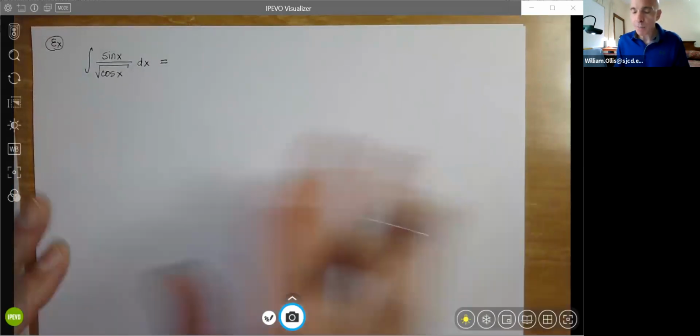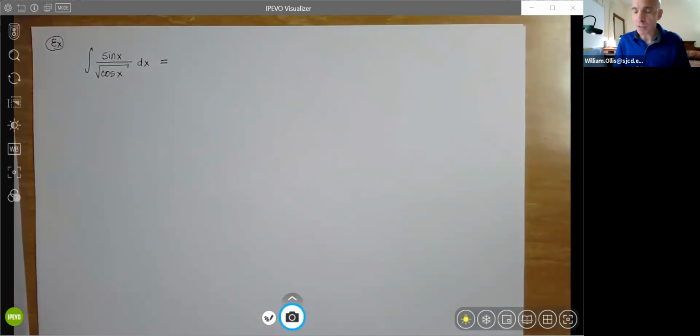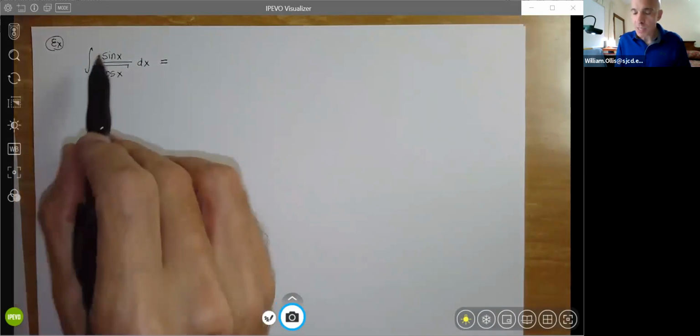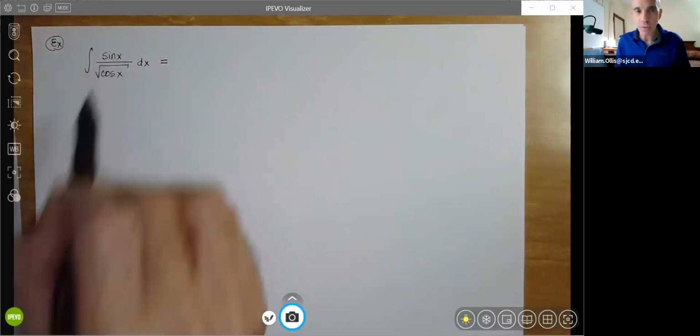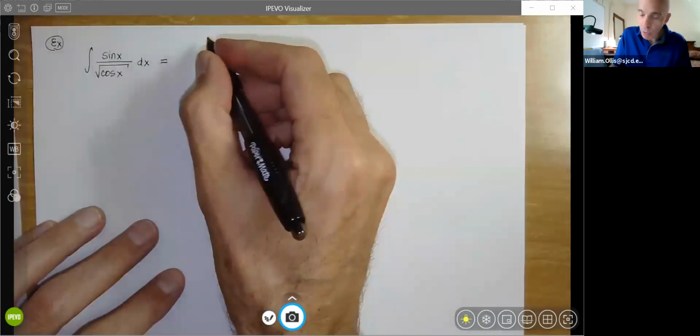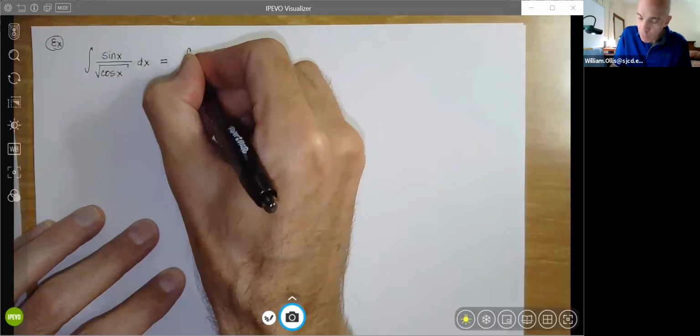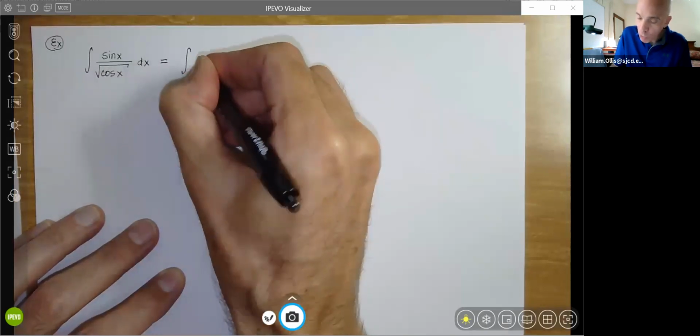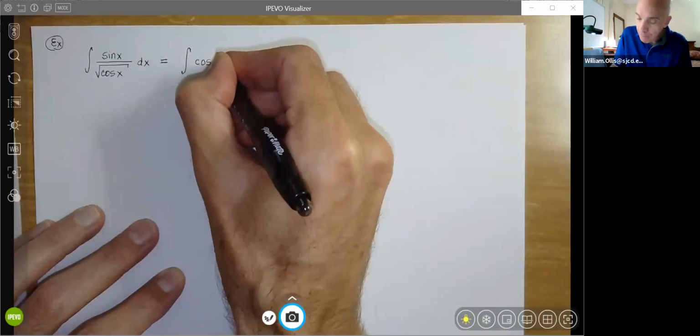Now, when we look at a problem like this, we think about a Calculus 1 integral, because it looks like we have some form of the derivative of cosine. So this is another add 1 divided by the new power. What we want to do first is make it a little bit more user friendly.